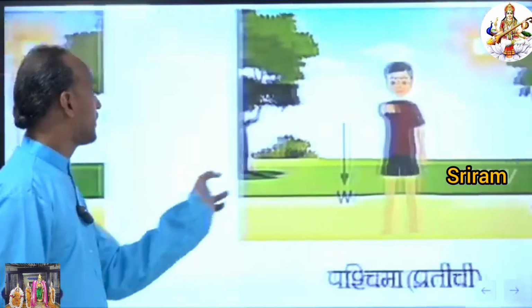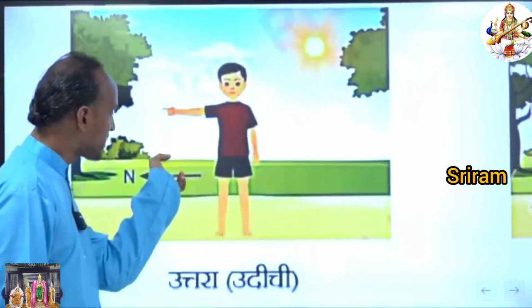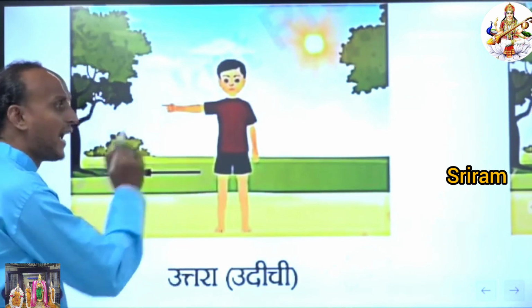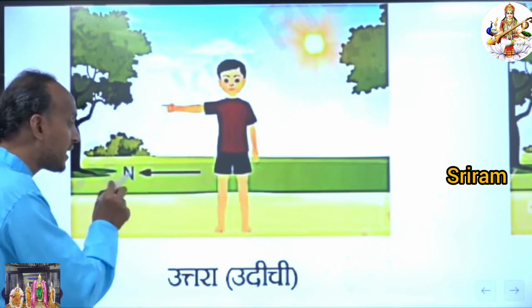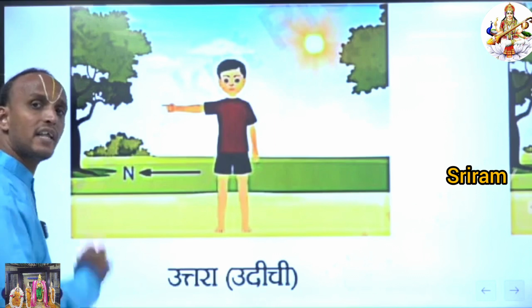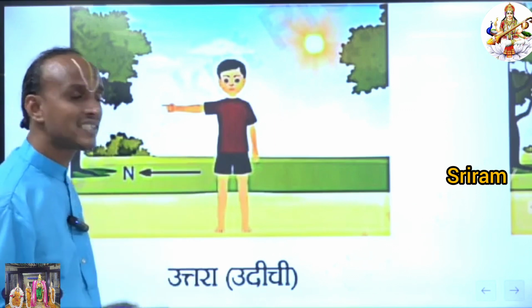Okay, children? Then the same boy is showing his right hand towards north side. You can see the N symbol here, right? The letter N. What is the name for this north side, children?